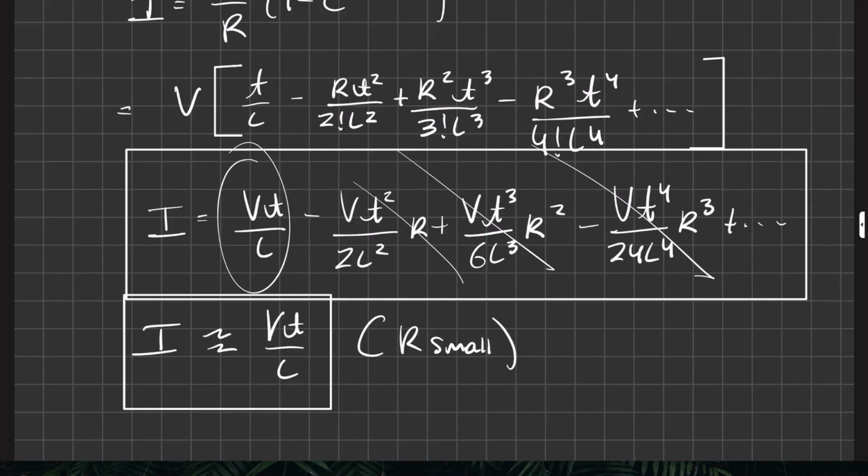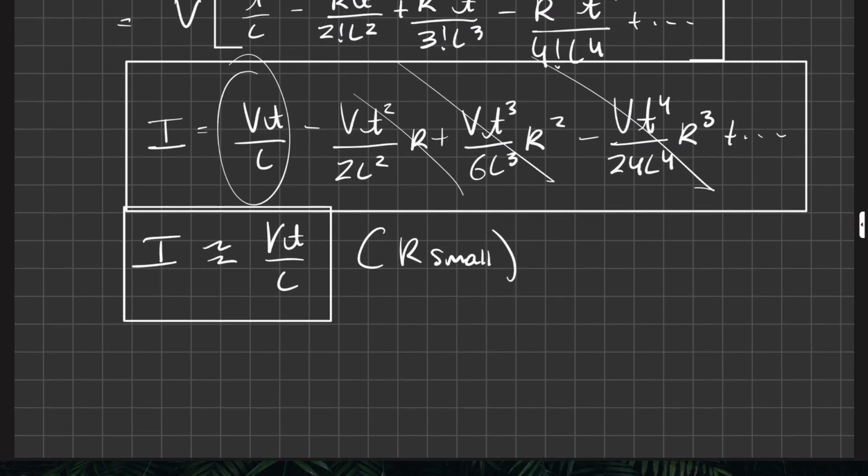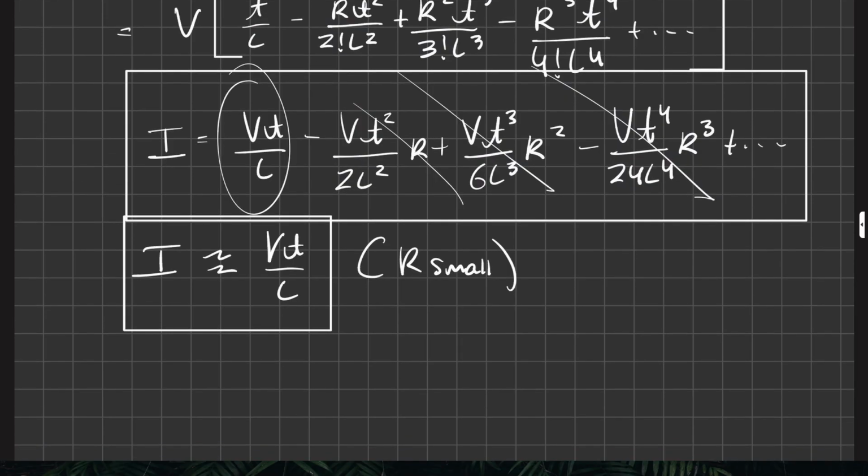Now, part B says deduce that I is approximately Vt over L if R is small. And that's the argument I made here just from the Taylor series: these terms all go to 0 and we're just left with this. The next correction is linear in R, which would be negative V t squared over 2L squared times R. So as long as R is small, then we approximately have that I is just Vt over L.